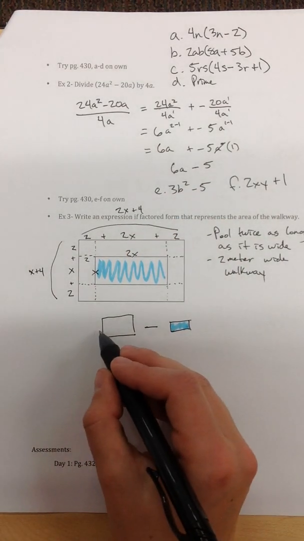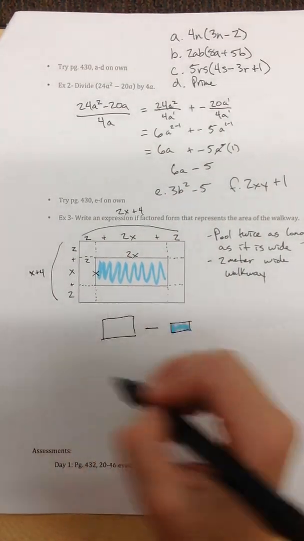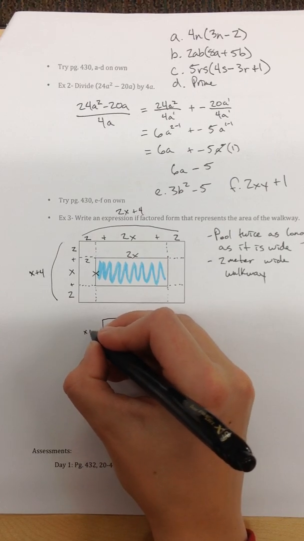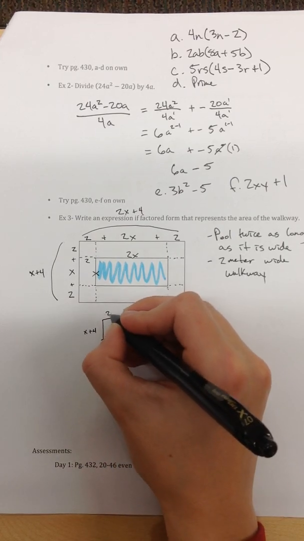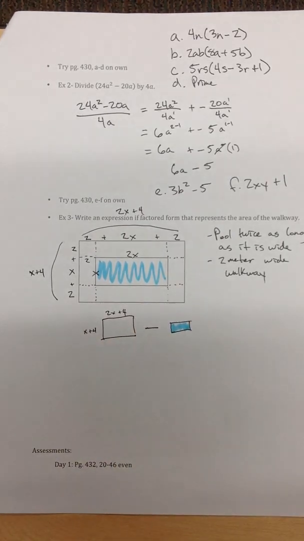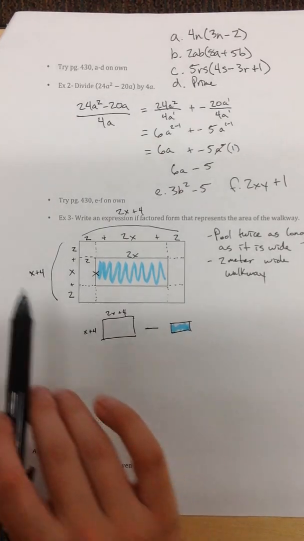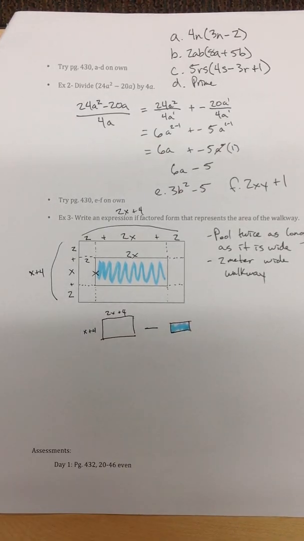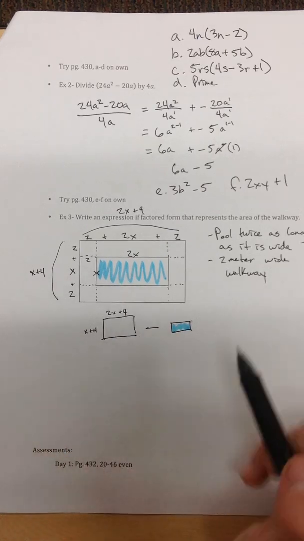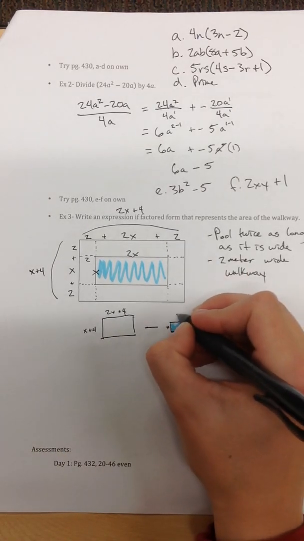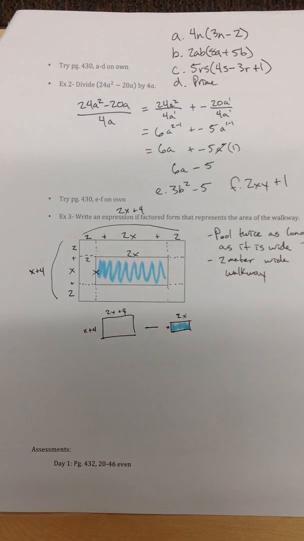That would be the dimensions of my big rectangle: x plus 4 and 2x plus 4. Then for my pool, my dimensions are already laid out for me. I've got x by 2x.